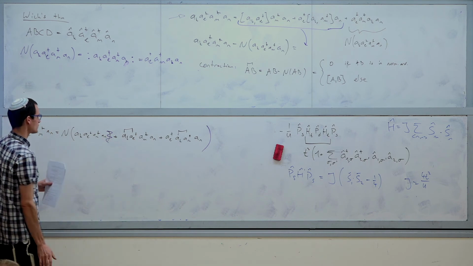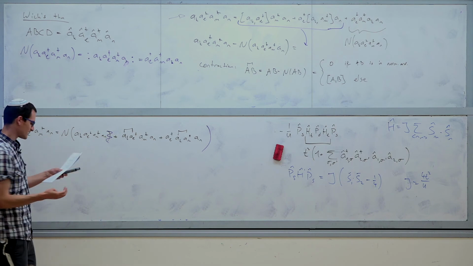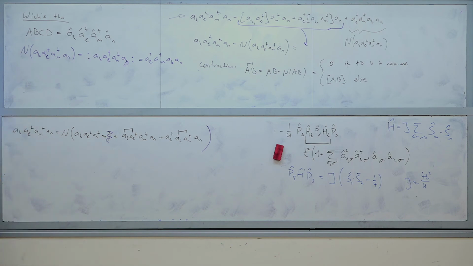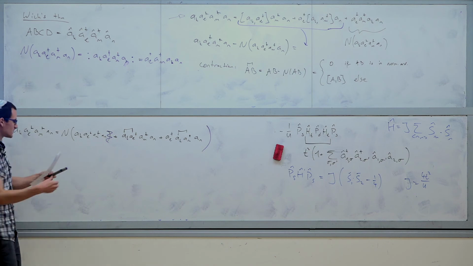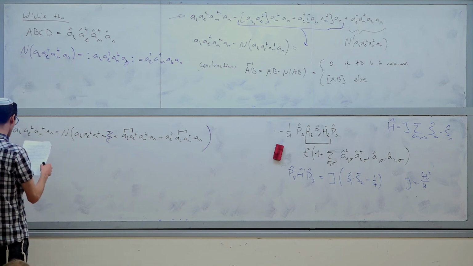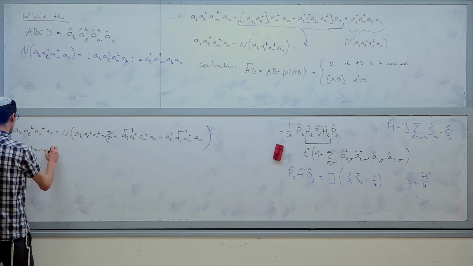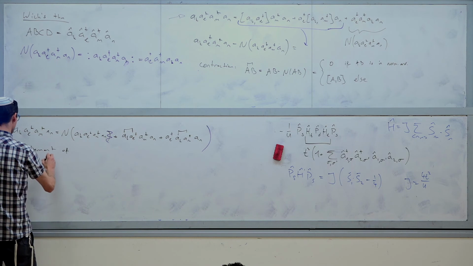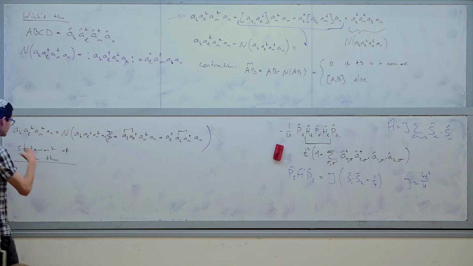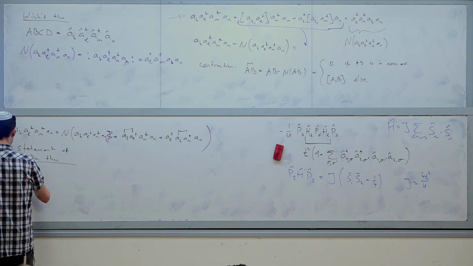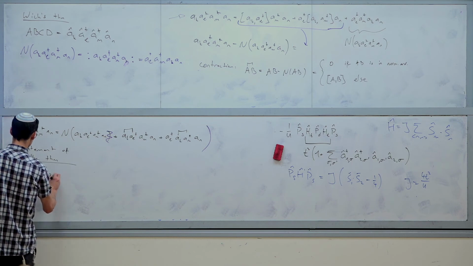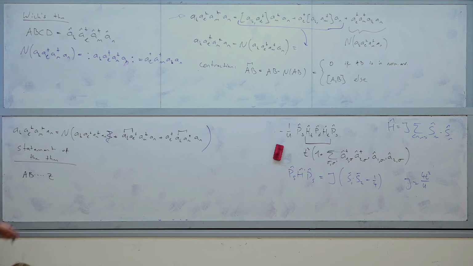Okay, now that I've shown you how this works, I can state the theorem, and then I can prove it in 30 seconds. So what is the theorem? Statement of the theorem. We consider some long string of operators, A, B, and so on, up to Z. This is some string of, I don't know, 7,322 operators.